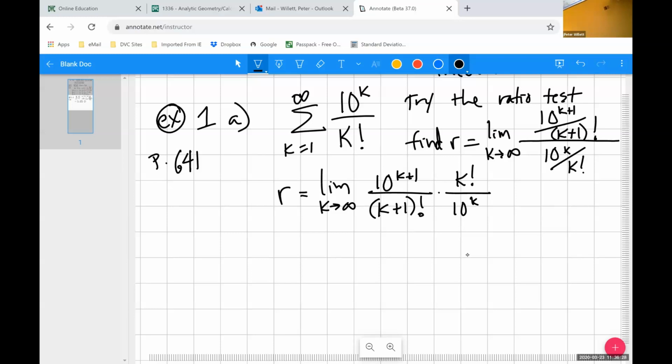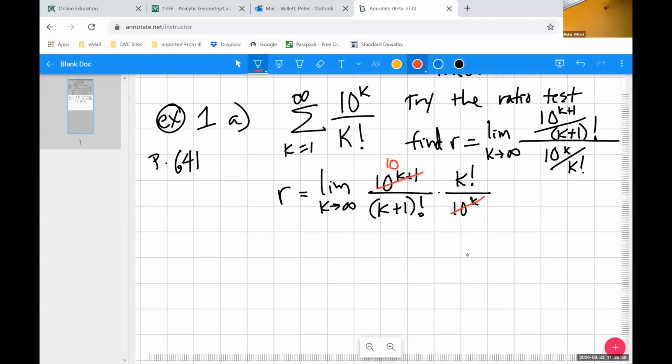Okay, so to try to simplify and evaluate this limit, because we need to find the R value and see if it's bigger than or less than 1, we would need to simplify this expression. So the first part is pretty straightforward, hopefully, that if I have 10 to the k plus 1 and I divide it by 10 to the k, then this cancels with that, just leaving 10.